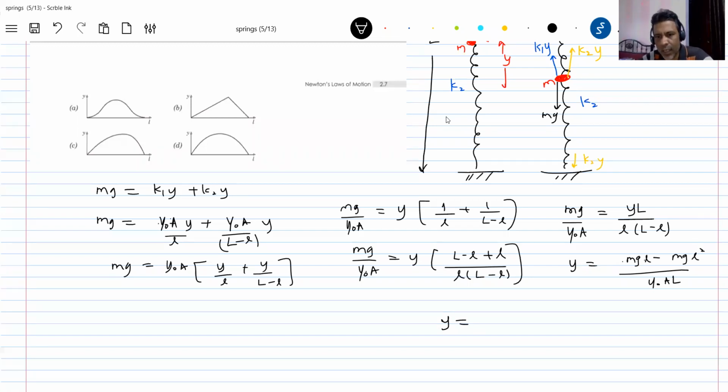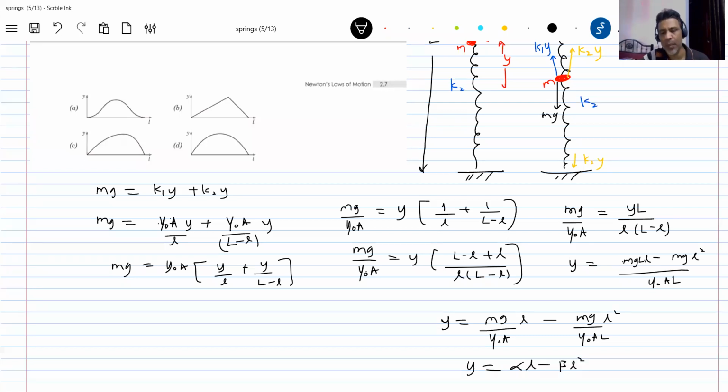So this I'll rearrange now: mg by Y naught A L into l. No, this L will not be there. Here l will be there, and this is l square. So make everything alpha l minus beta l square.